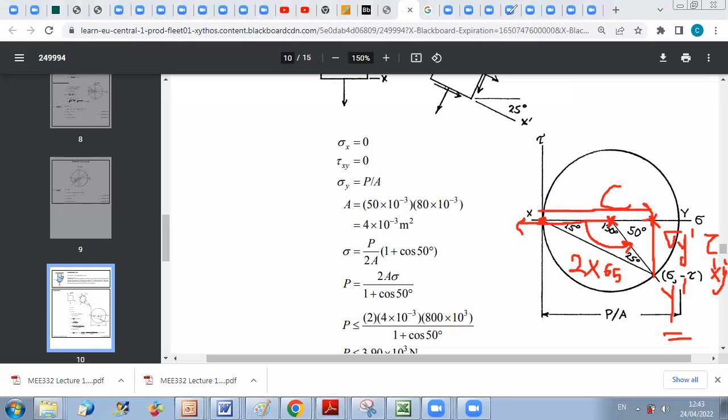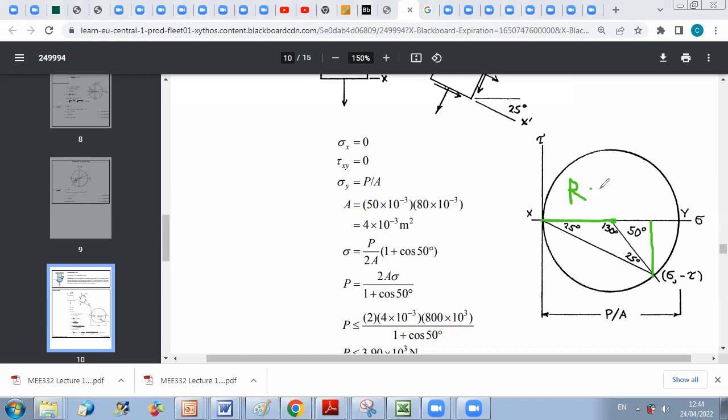Geometrically, this is 130 degrees, and the distance from C to X is equal to the radius of the circle. The radius of the circle, as we mentioned together, is sigma y over 2, which is equal to P over 2A.